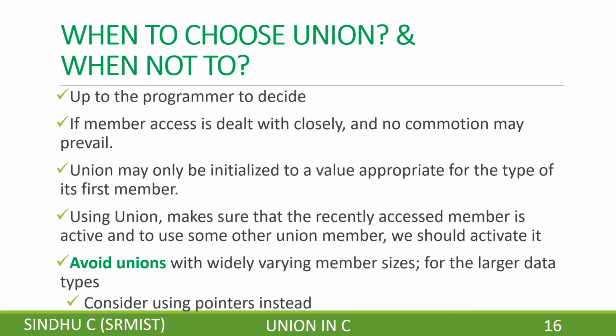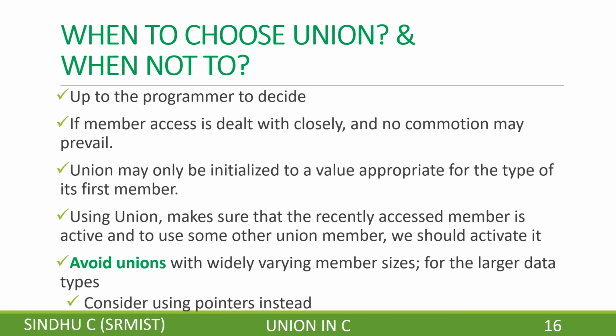When to choose union? It is up to the programmer to decide. I've shortlisted 3 points. The first one is if member access is dealt with closely and no commotion may prevail, then you can go for union. Union may only be initialized to a value appropriate for the type of its first member.